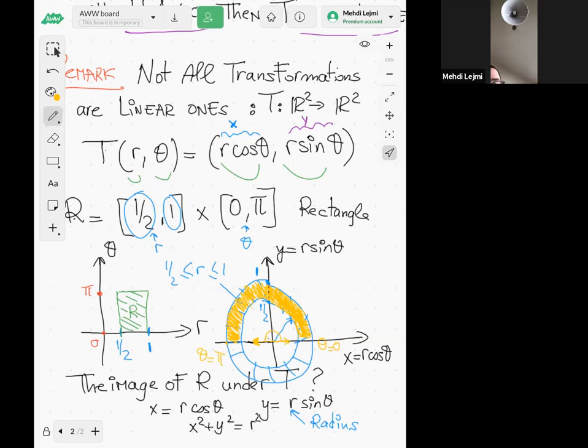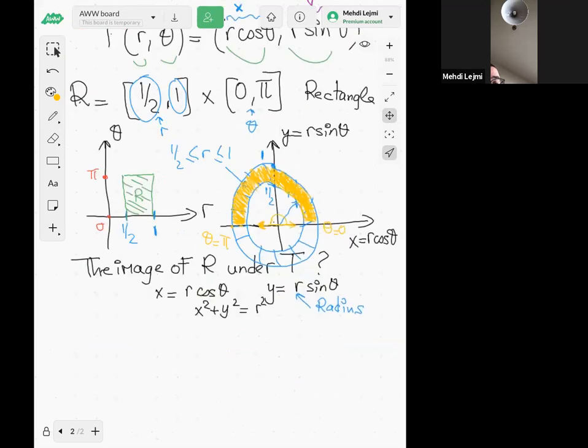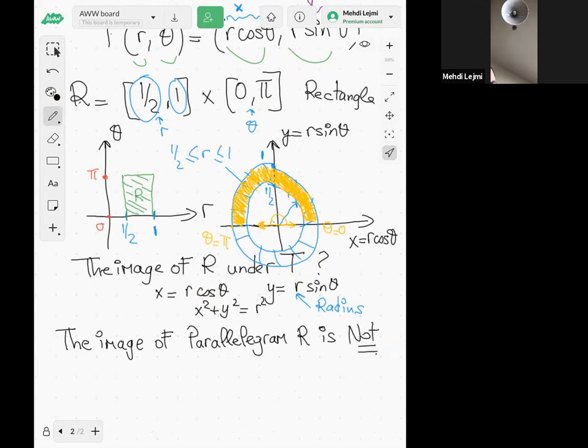So the image of the rectangle R is not a parallelogram.